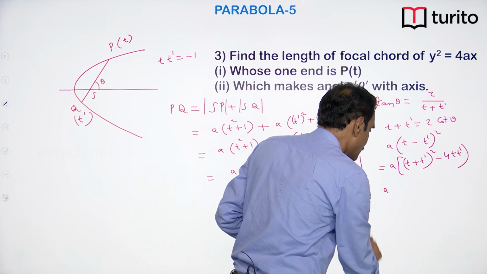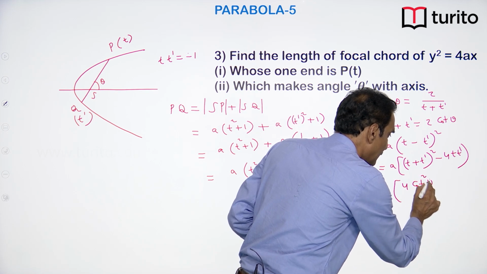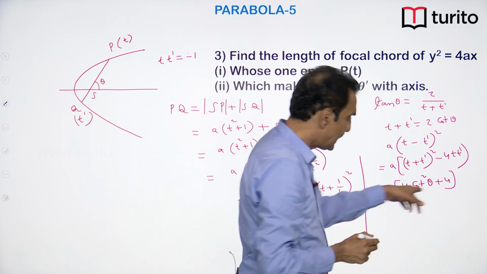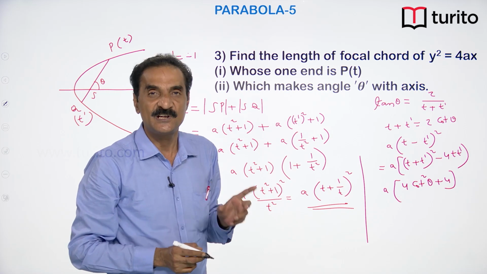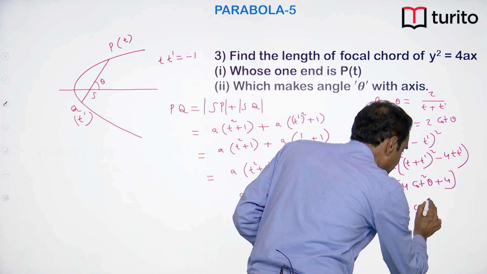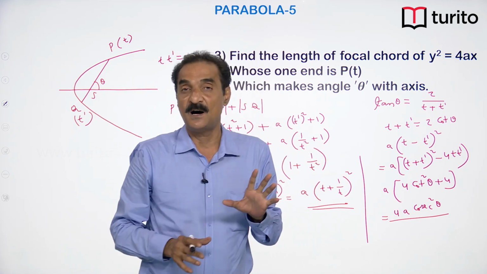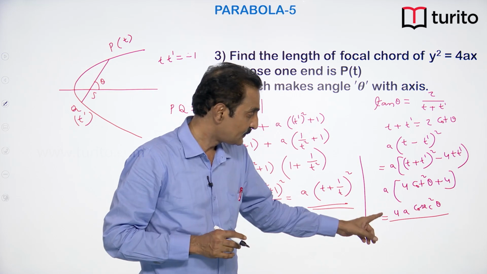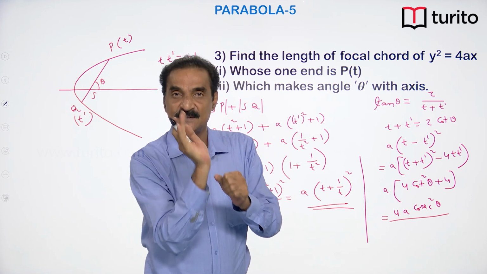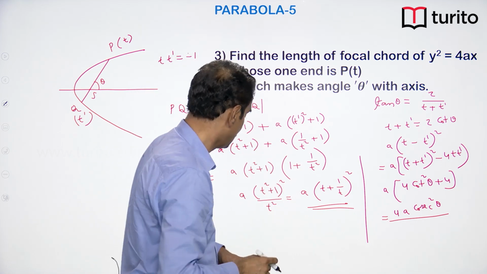You will get A into, this is 4 cot square theta, T T dash is -1, so plus 4. Taking 4 common, cot square theta plus 1 is cosecant square theta, so it becomes 4A cosecant square theta. All of you should remember this as a formula. Please note it separately. Length of the focal chord of any parabola whose inclination with the axis is theta is 4A into cosecant square theta, where 4A is length of the latus rectum.